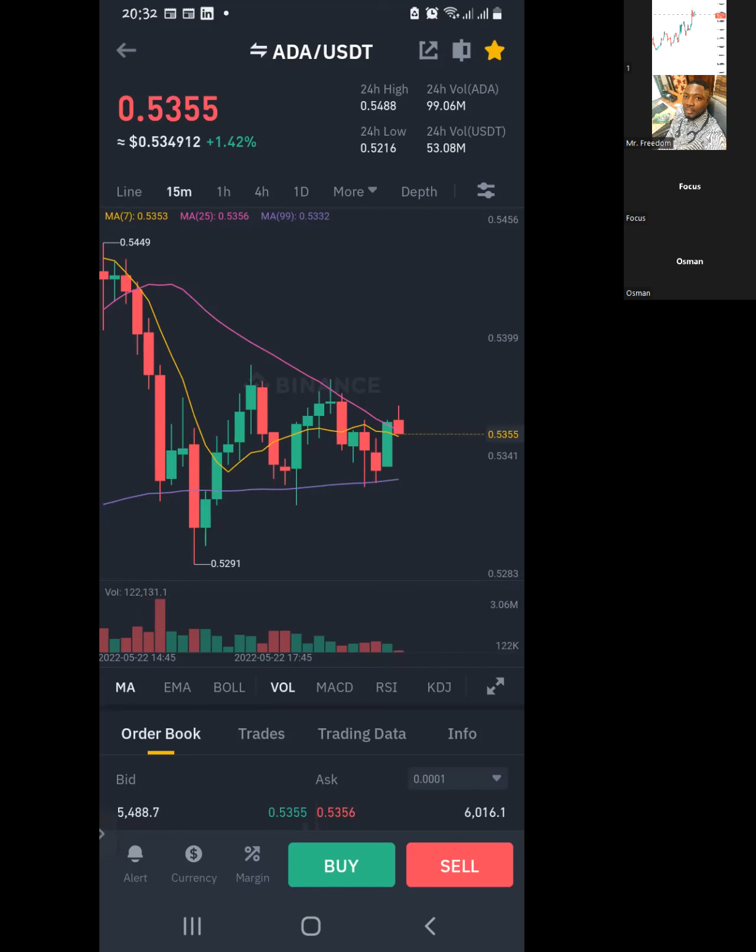Because you will not be there watching the candles all day. Maybe you are busy. So you just set up the trade and tell the trading platform that when the price of ADA drops to 0.529, buy 10 ADA for me at that price. That is where you use the limit.